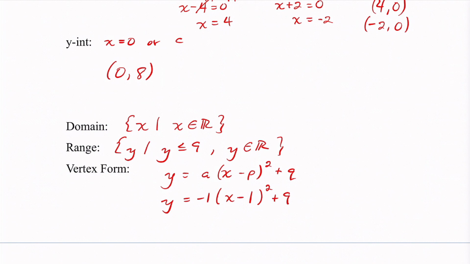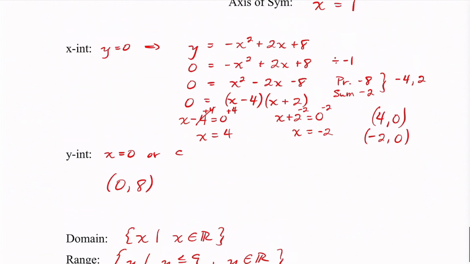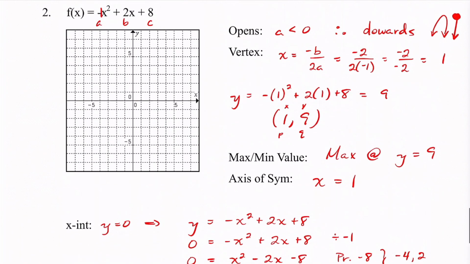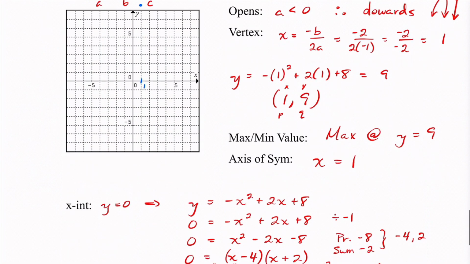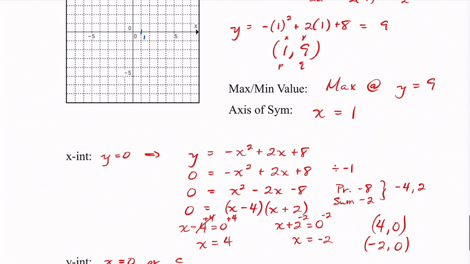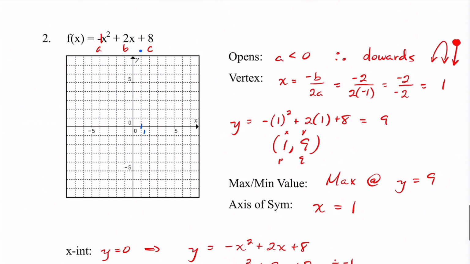Okay, and then the last thing to do, we just have to take all this information and graph this. So our vertex is at 1 over and then 9 up, so that's actually just off the graph. That would be at a height of 9 there. Our x-intercepts were 4 and 0 and -2 and 0.